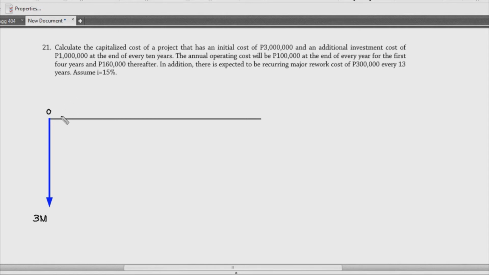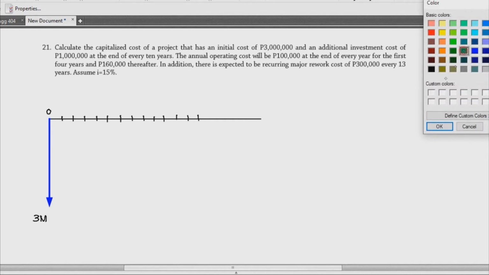So if you have 1, 2, 3, up to 13, at the end of every 10 years we have a payment of 1 million, so we can draw another arrow down here.